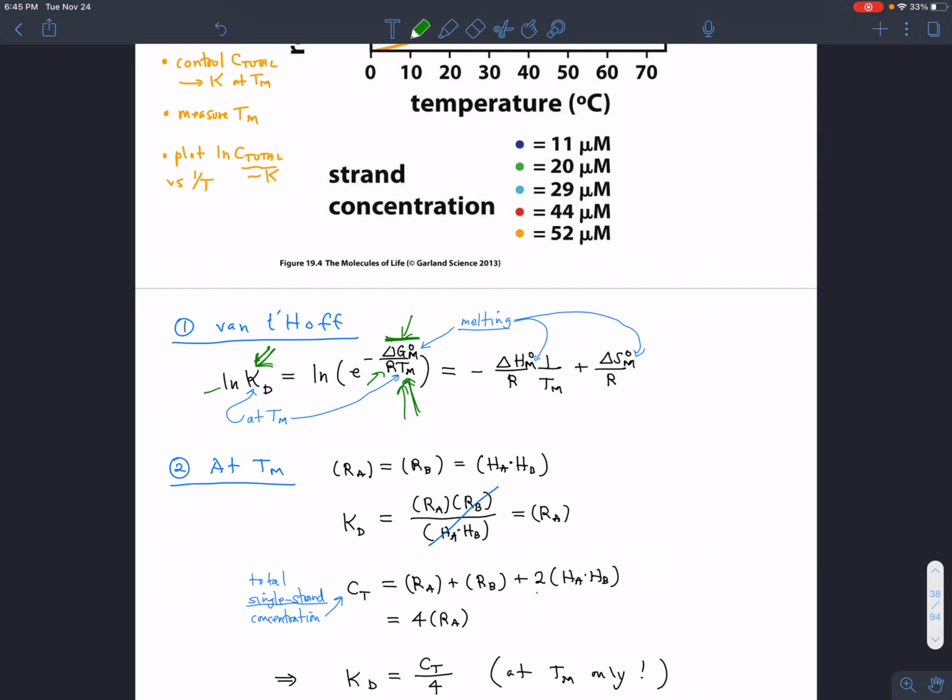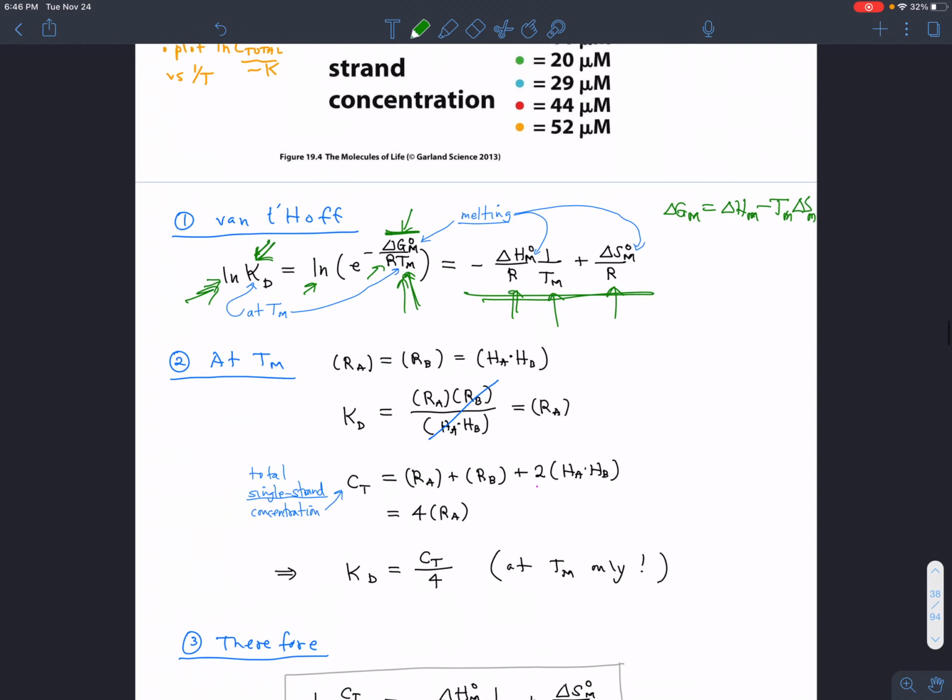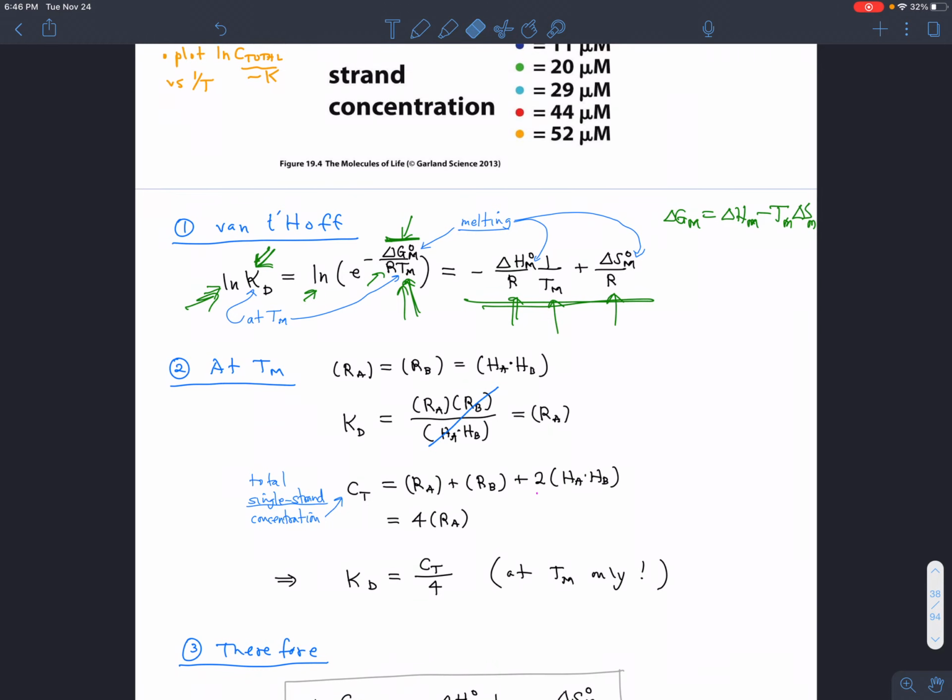We take the natural log of both sides, and we use the fact that delta G for melting is equal to delta H for melting minus Tm times delta S for melting. And you get this, right, that the log of the KD for melting is equal to delta H over R times 1 over Tm plus delta S over R for melting. All right, so far so good.